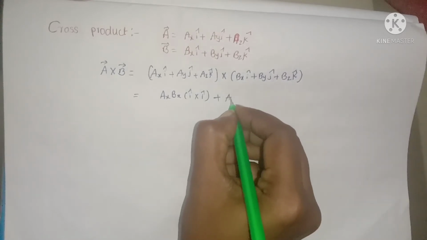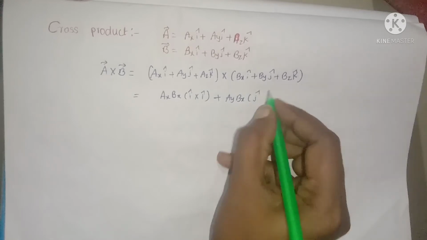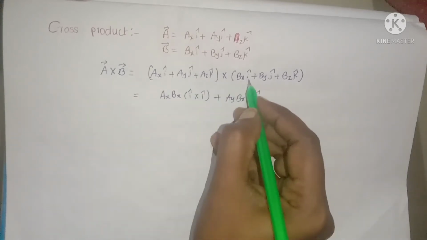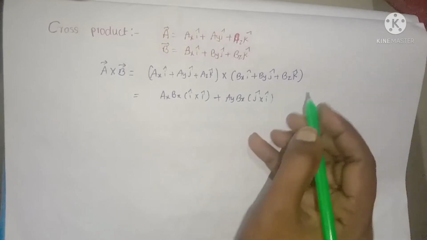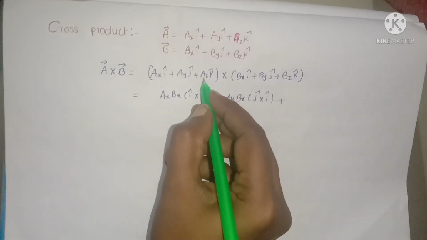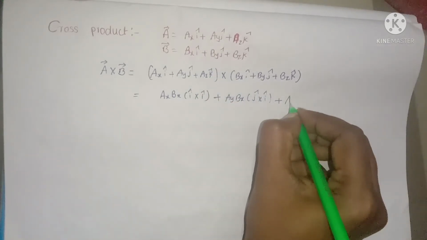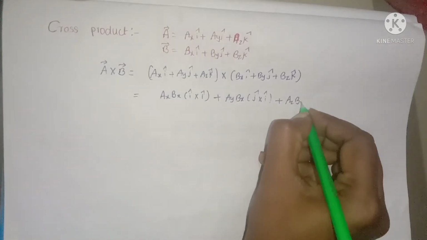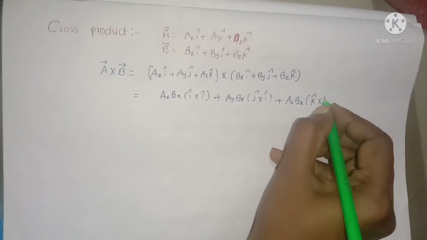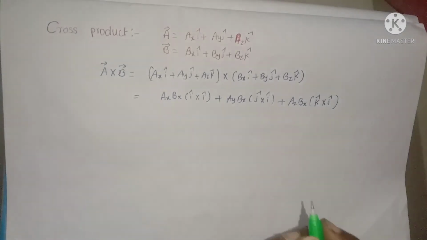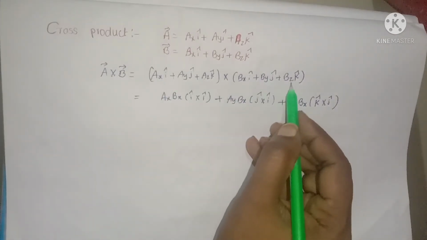So ay bx, here the unit vector is j cap, here the unit vector is i cap, so j cap cross i cap, plus next one, az k cap is multiplied with bx. So az bx, here the unit vector is k cap cross i cap. Same like we can do with by j cap and bz k cap.